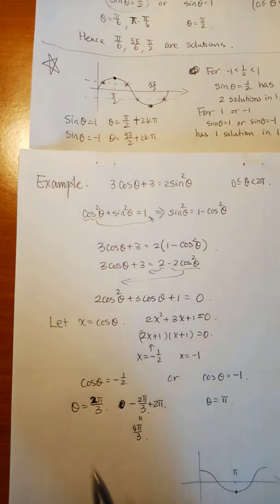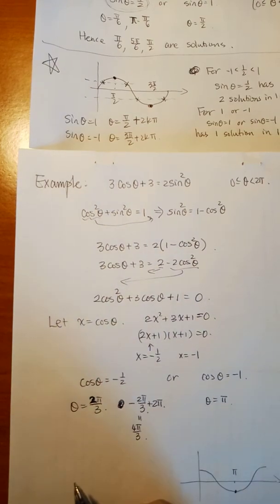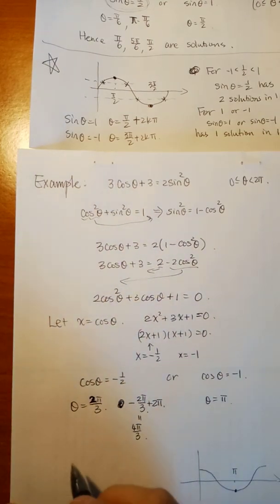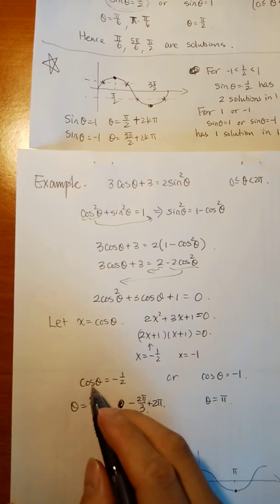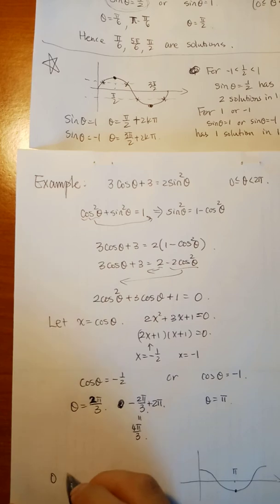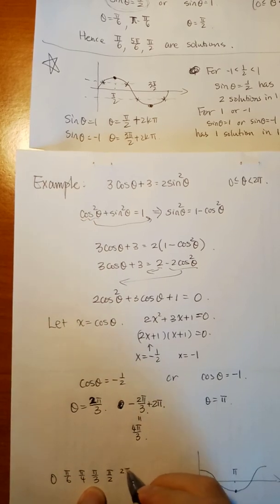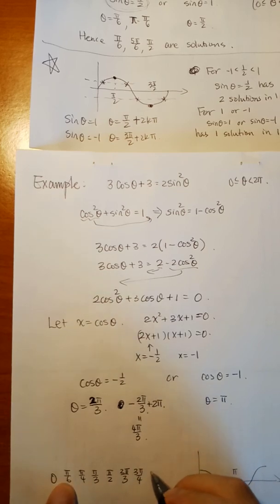Okay, so the reason I change the first angle from 4 pi over 3 to 2 pi over 3 is the following thing. We memorize the angle of the value of cosine, like 0, pi over 6, pi over 4, pi over 3, pi over 2, and then you see we're going to start here, 2 pi over 3, 3 pi over 4, and 5 pi over 6, and then pi.